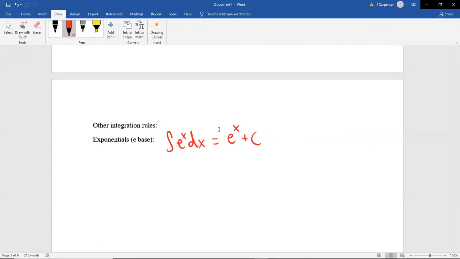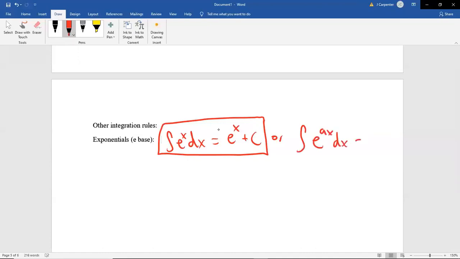In fact, let me go ahead and do that. So this is the first version of the rule. Or the integral of e to the ax dx. We're only going to give you one very simple version of this for now.